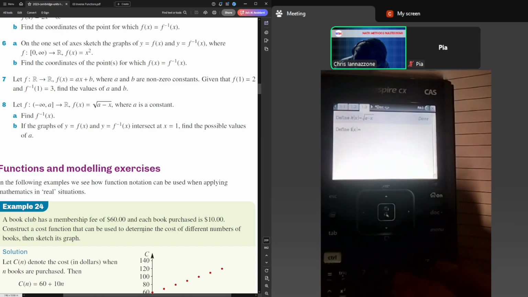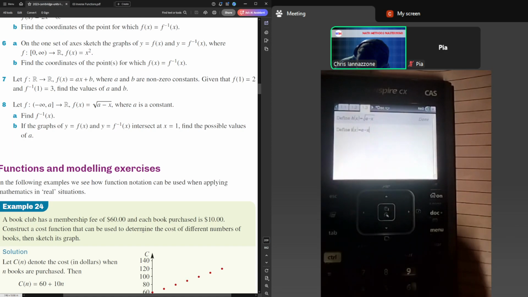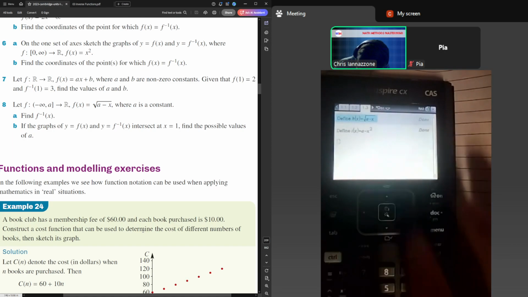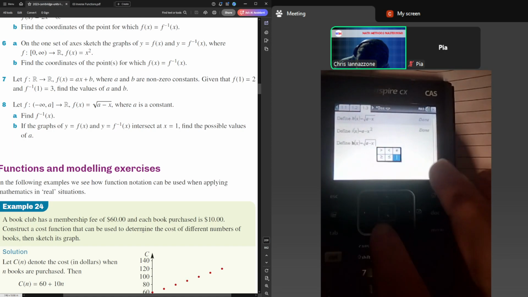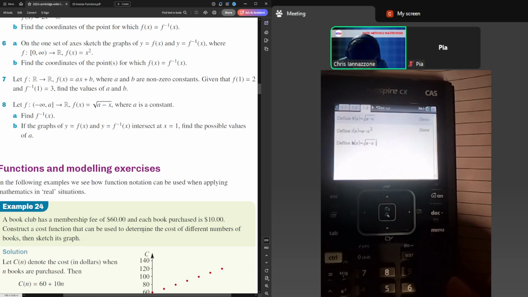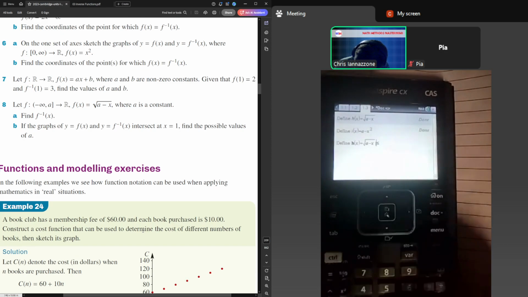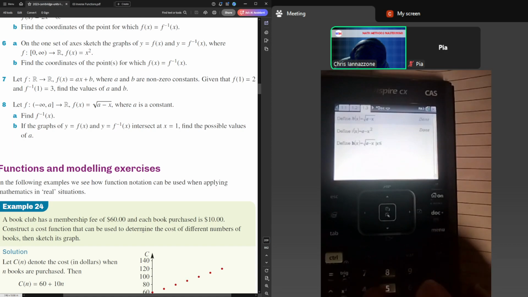The other one is going to be a minus x squared. Yeah, probably should put a domain on it. So that one we already know is defined for basically all x less than or equal to a.